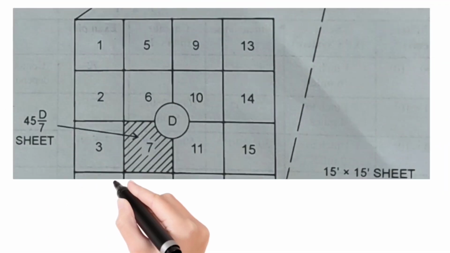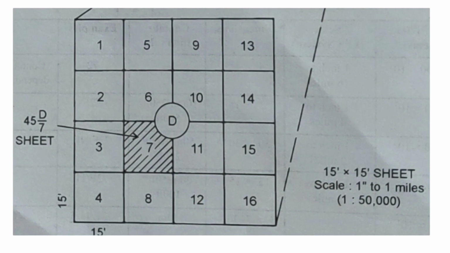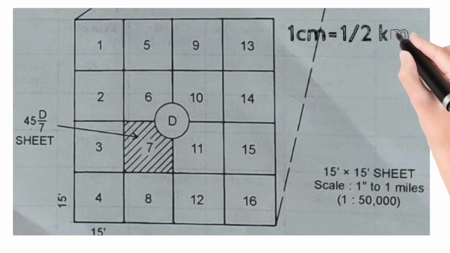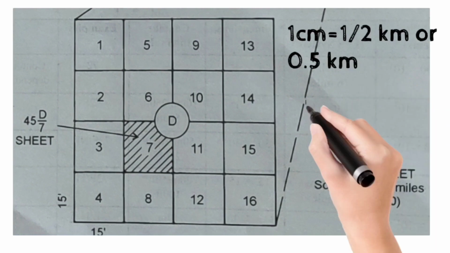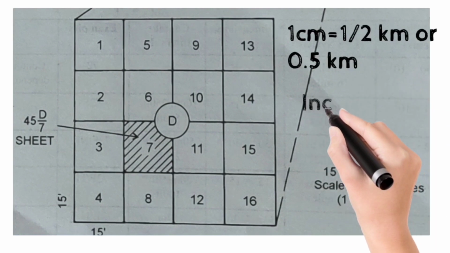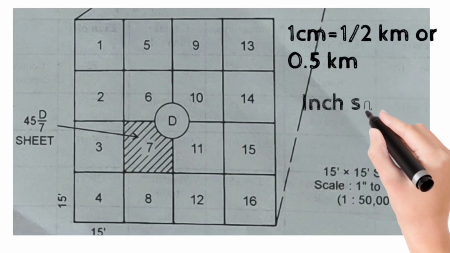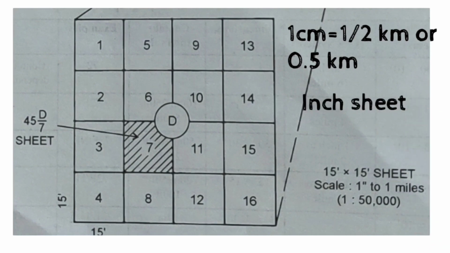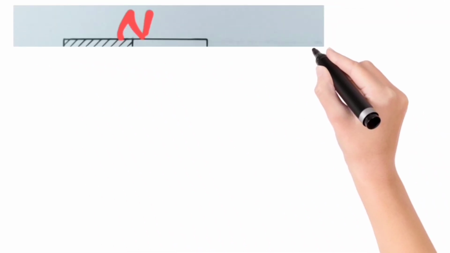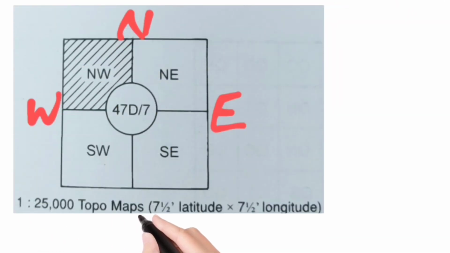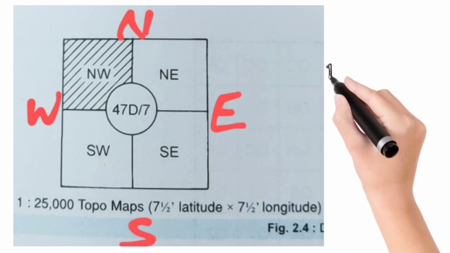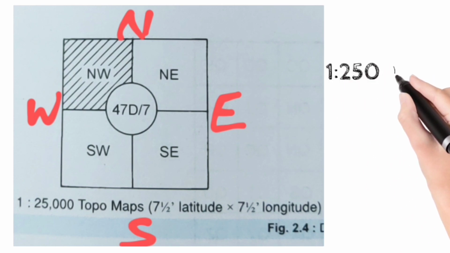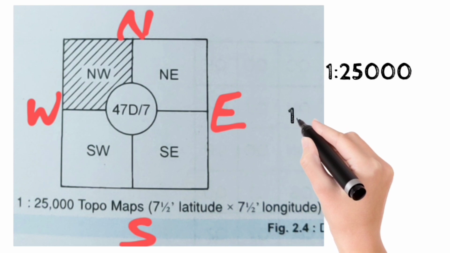Since we know a degree is divided into 60 parts called minutes, each degree map is further subdivided into 16 uniform squares of 15 minute into 15 minute dimensions and are numbered from 1 to 16. These are known as inch map, where each drawn to a scale of 1:50,000 or 1 centimeter represents half kilometer on the ground, or 1 inch to 1 mile.